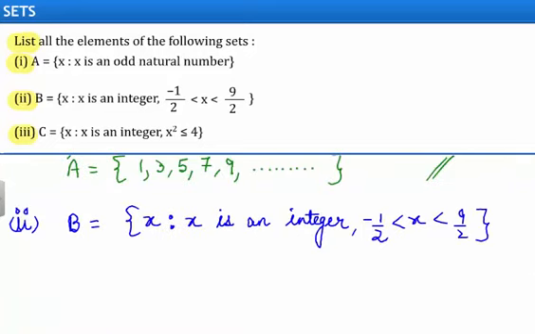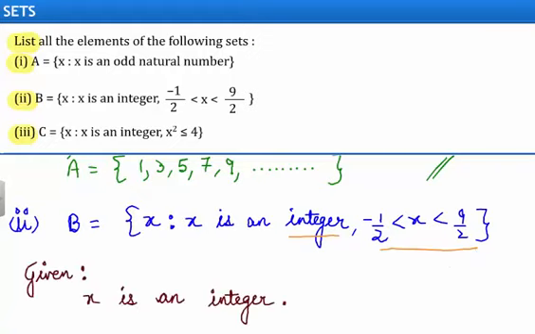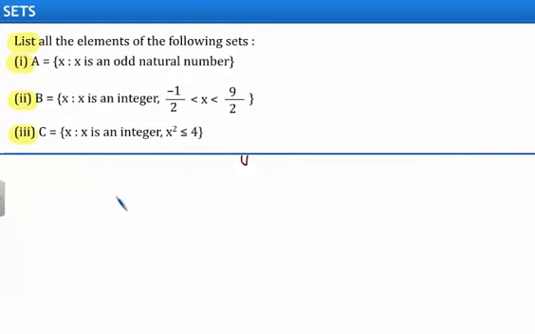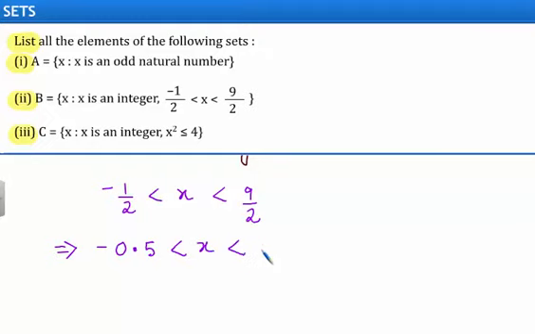In the second part, we have set B, which is equal to x is such that x is an integer and minus 1 by 2 less than x less than 9 by 2. It's given x is an integer and also minus 1 by 2 less than x less than 9 by 2, and this can be written as minus 0.5 less than x less than 4.5.